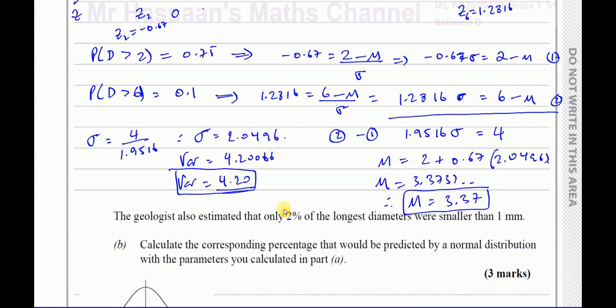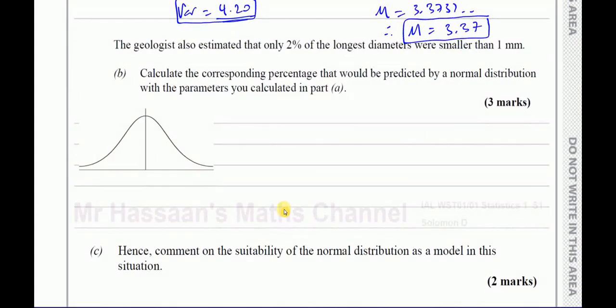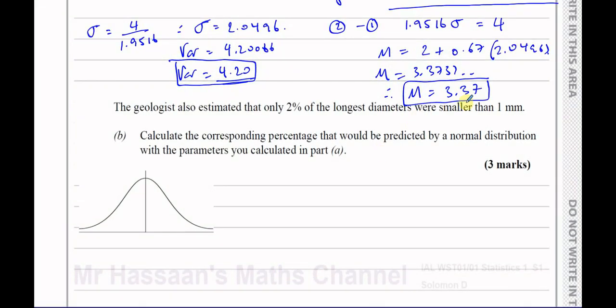Then it says part B. It says the geologists also estimated that only 2% of the longest disc diameters were smaller than 1 millimeter.